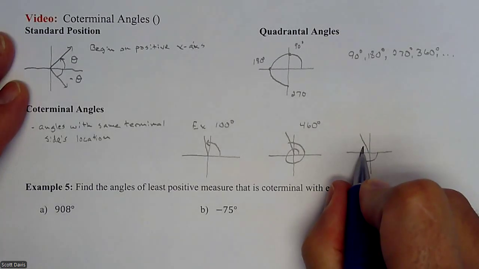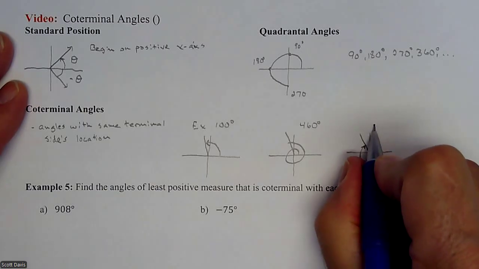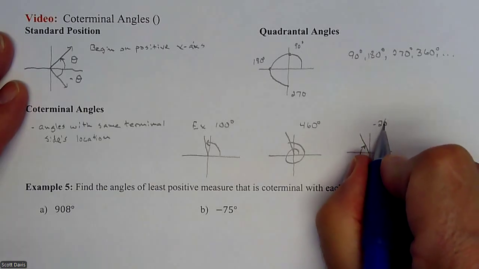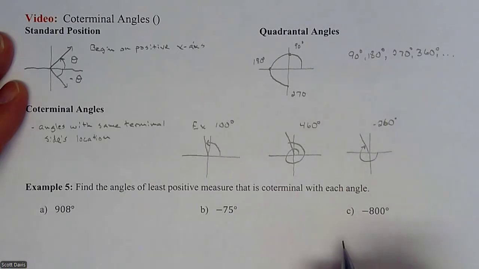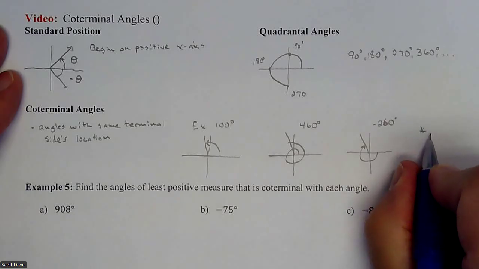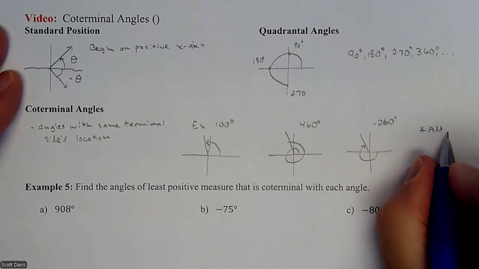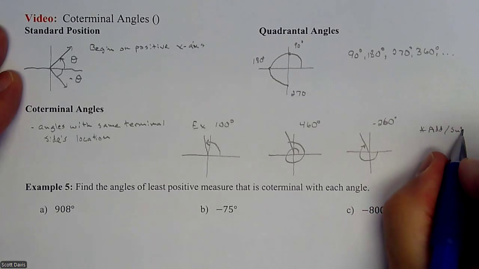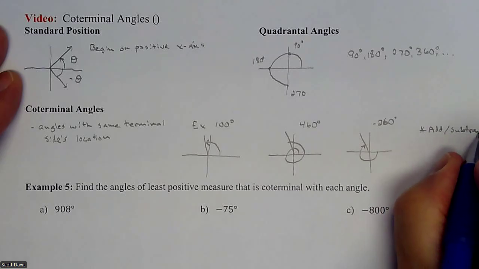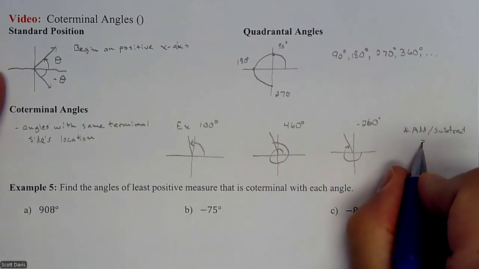That's negative 260. So the math on this is, to find a coterminal angle, all we're doing is adding or subtracting 360.